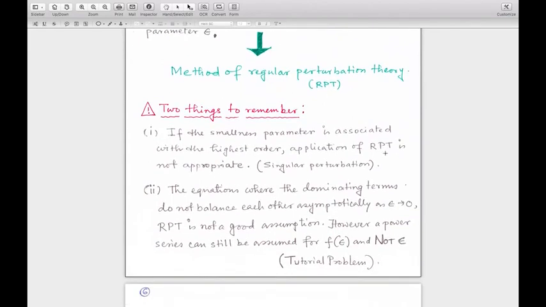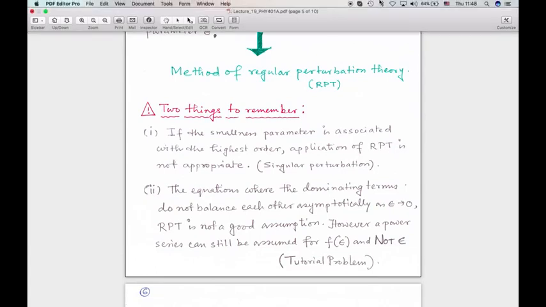Okay, and that is the domain where you can use singular perturbation theory. Okay, that is beyond the interest of our course, but if you are interested, you can go through that independently.